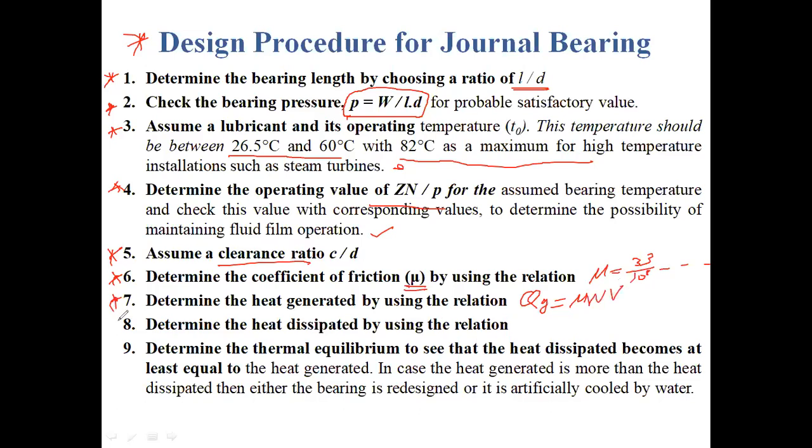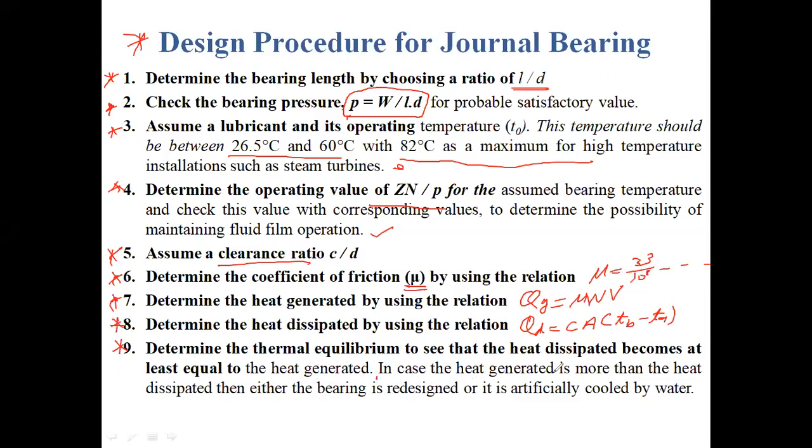We have to determine the heat dissipated, that is Qd, which is equal to C into A into Tb minus Ta. This is our relation. At the last step, we need to determine the thermal equilibrium condition so that heat dissipated becomes at least equal to heat generated.